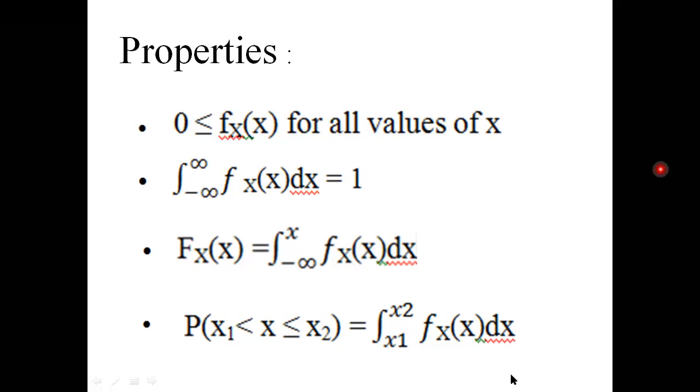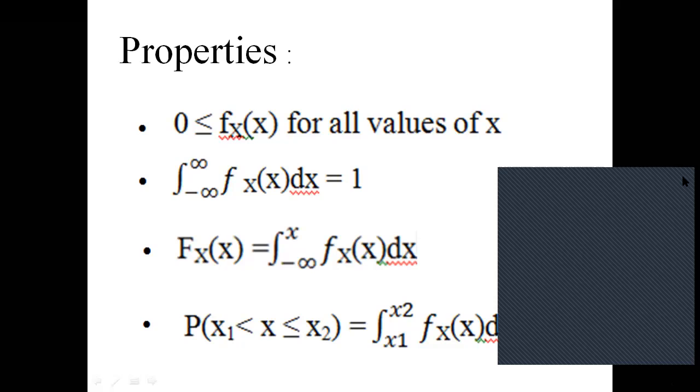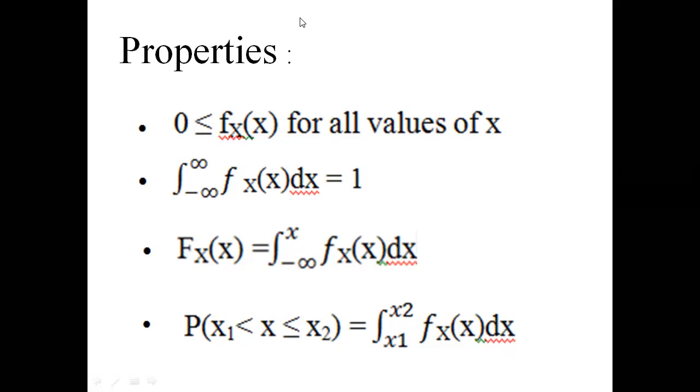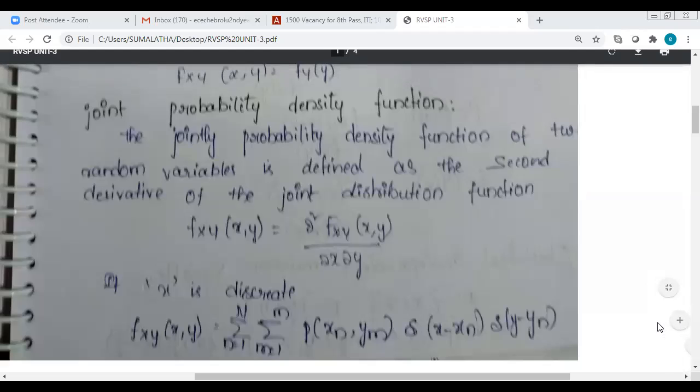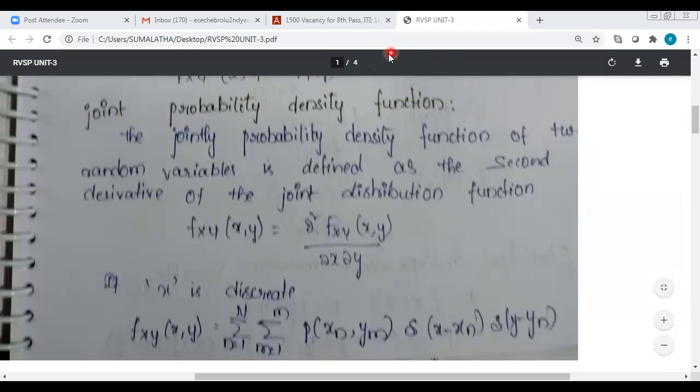The joint probability density function of the two random variables x and y is defined as the second derivative of the joint distribution function.